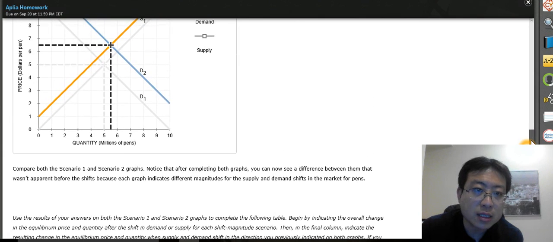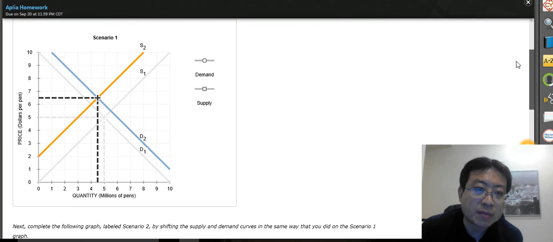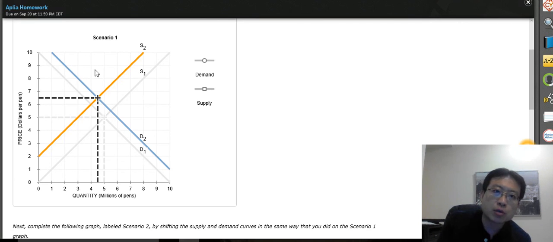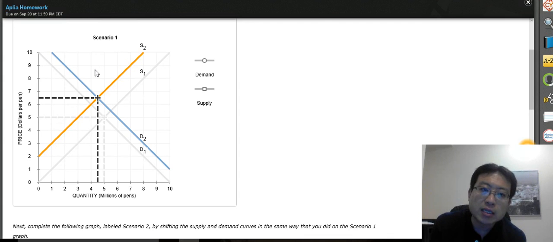Now, the reason why it's like this, you have to think of supply and demand curves separately. When supply decreases to the left, your quantity will go down and your price will go up. And for demand, if your demand increases, your price will go up and quantity will go up. So let me repeat this. When supply decreases to the left, your price will increase and quantity will decrease. When demand increases to the right, your price will go up, quantity will go up.